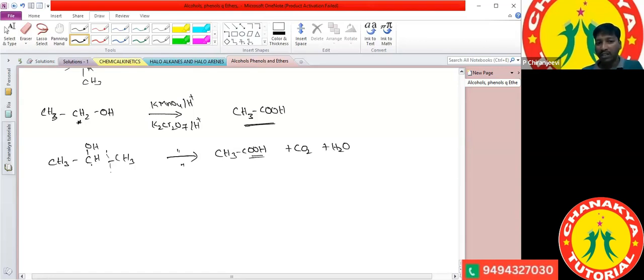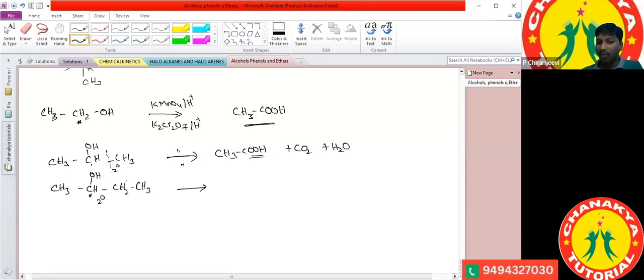Sir, you had taken a secondary alcohol. Why can't we take another molecule, CH3-CH(OH)-CH2-CH3? How will it be converted? This is also called a secondary alcohol.